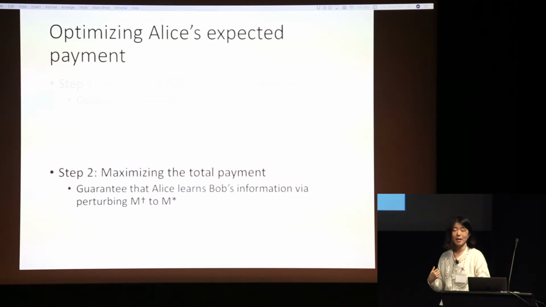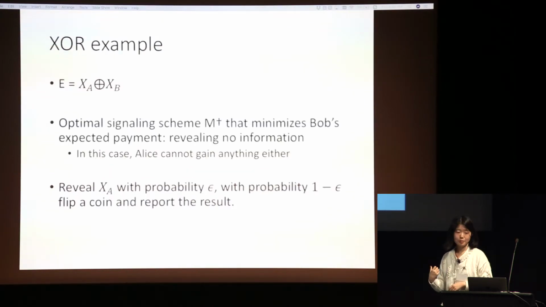So let's see an example of why we can tune the transition matrix a little bit. Let's go to this XOR example. Alice and Bob both have a binary signal, and the final result is the XOR of their binary signals, and also their binary signals are independent of each other. So in this case, if Alice reveals nothing, then Bob knows nothing about the final result.